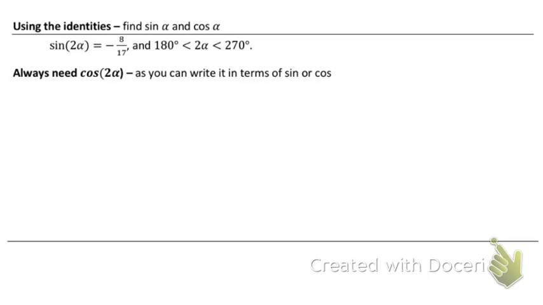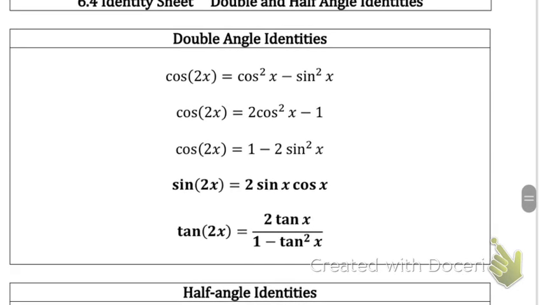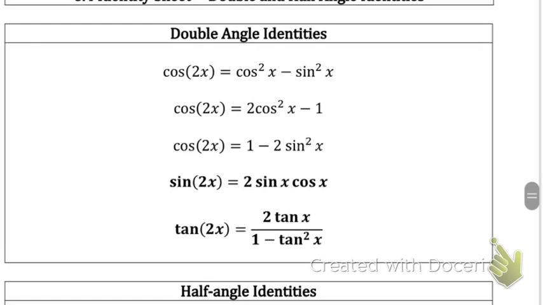Whenever we're given a double angle, we automatically have to find cosine 2α. No matter what I'm asking for, you always have to find cosine 2α first. The reason for that is you could think of cosine 2α as the key to all of the other identities.